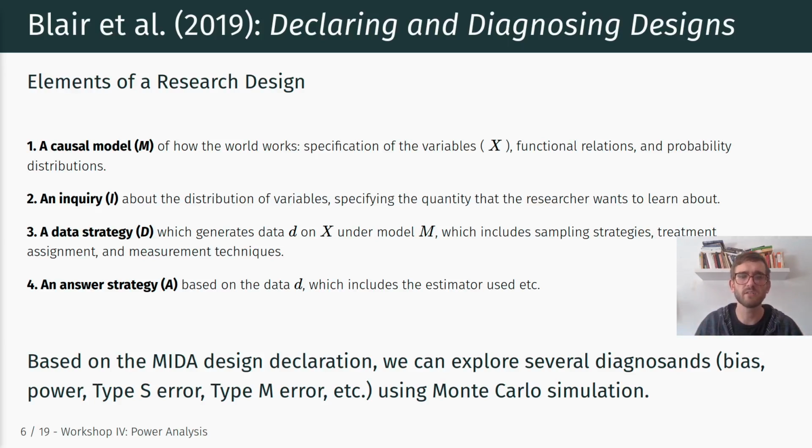So the underlying idea is we specify our causal model, we specify what we want to learn about the underlying population. We specify a data strategy involving treatment, measurement, and so on, and we specify our estimator, our answer strategy, how we actually try to find out about the underlying causal model.